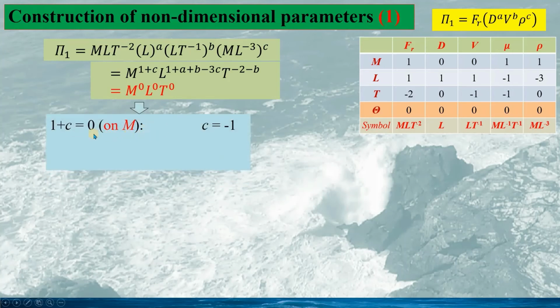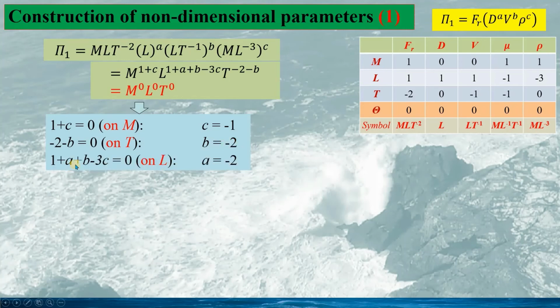So we can obtain the equation based on m. We have 1 plus c equaling 0. Therefore, c is minus 1. And on t, we have the equation minus 2 minus b equaling 0. So b would be minus 2.